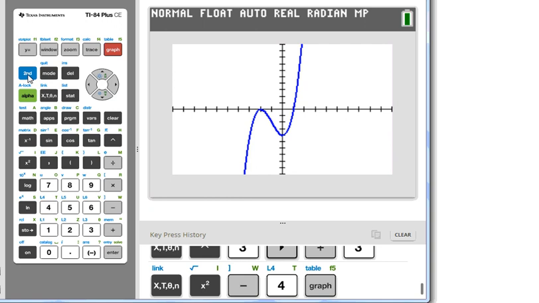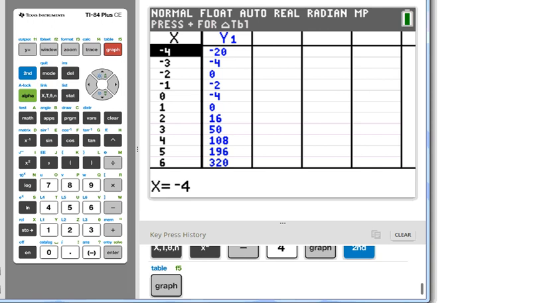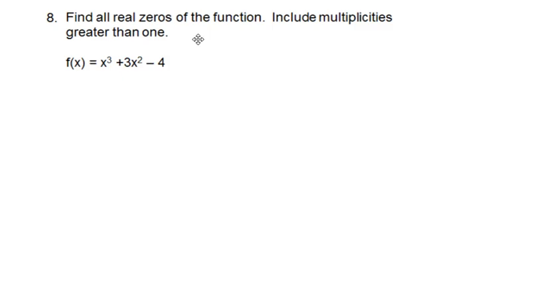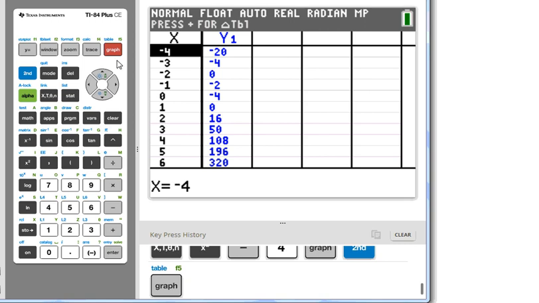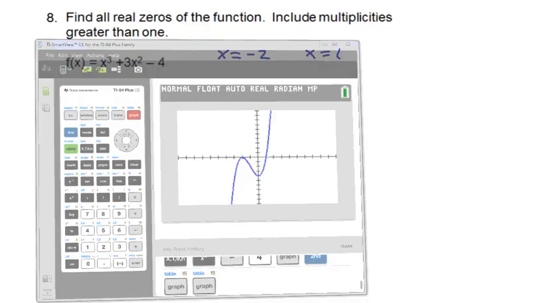Let's go to table view. So -2 and 1 are the zeros. So we have x equals -2, x is equal to 1. I think our multiplicity, if you look at our graph, we touch but do not cross the x-axis at x equals -2, so that's a multiplicity of 2.